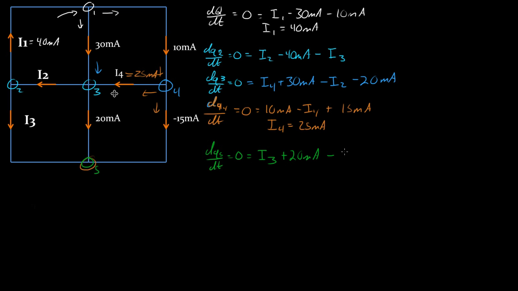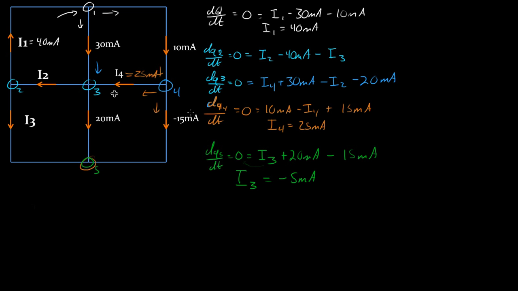So that's actually minus 15 milliamps. So now if we solve for I3, it is just equal to a negative 20 milliamps plus that 15 milliamps, because we just moved this over here and distributed the negative sign. So we have I3 equal to a negative 5 milliamps.